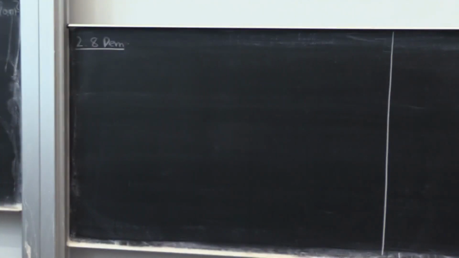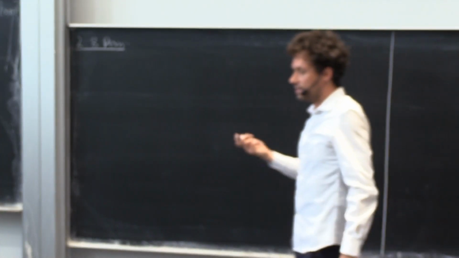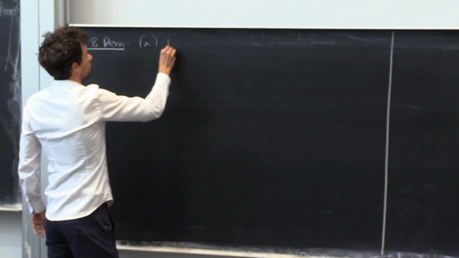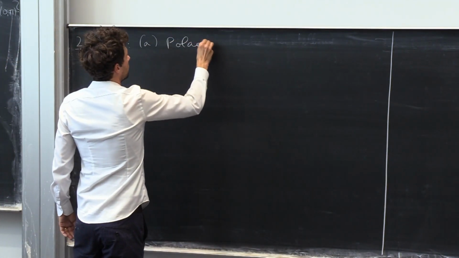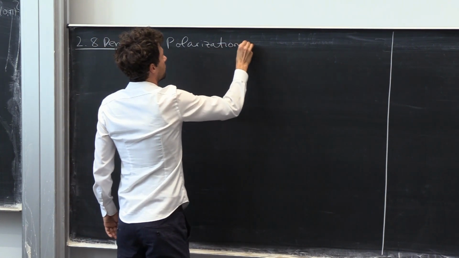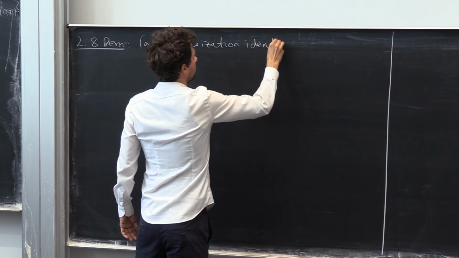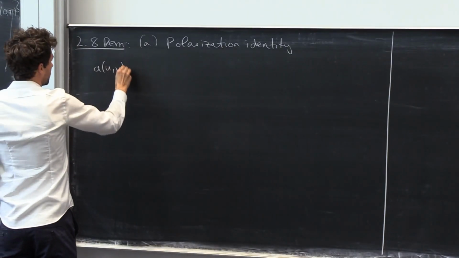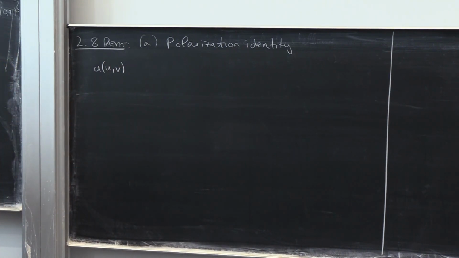Is it not true that I lose too much information when I switch from sesquilinear forms to quadratic forms? It's a natural question. And the answer is no. There is the polarization identity, that allows you to recover the sesquilinear form from the quadratic form. Okay, and we're going to see it in action in the next statement.